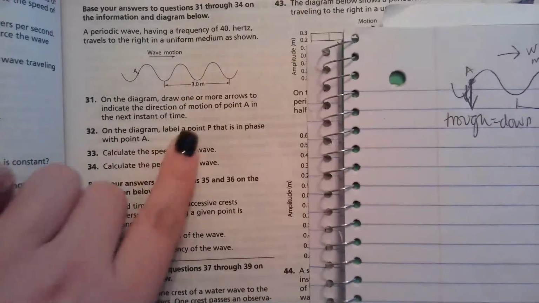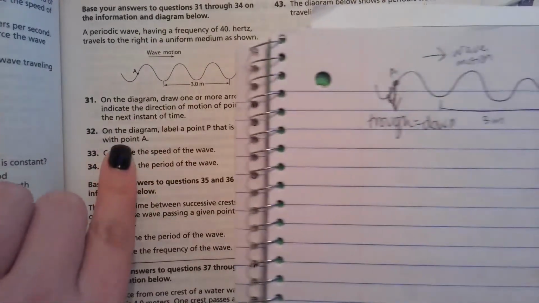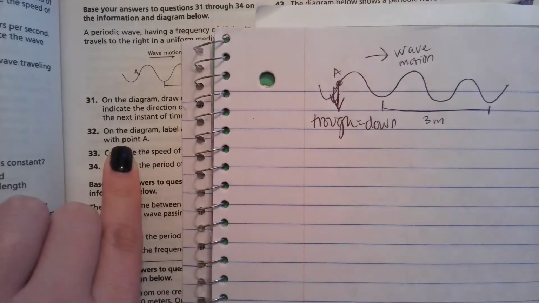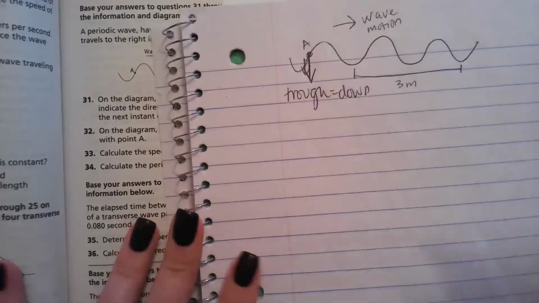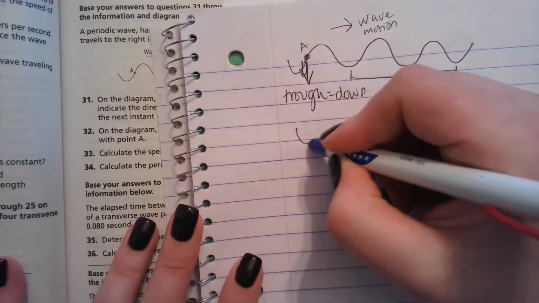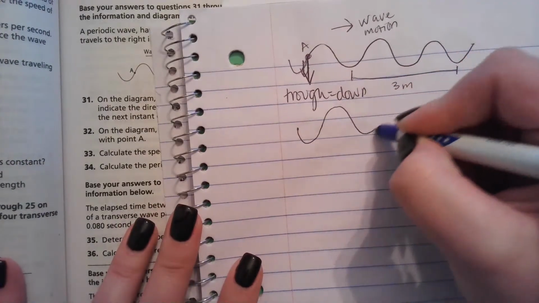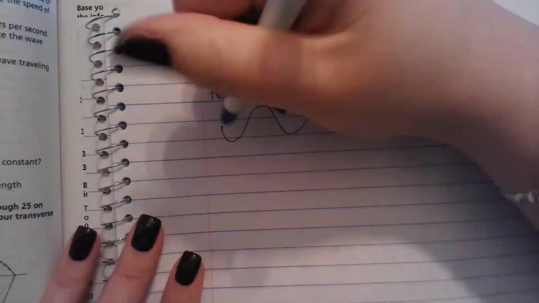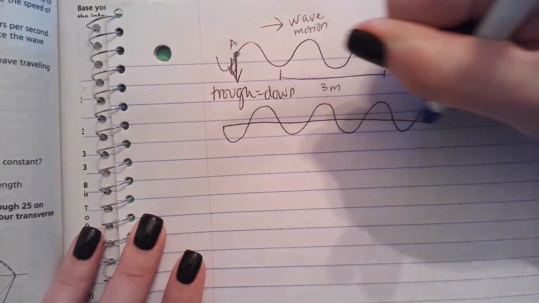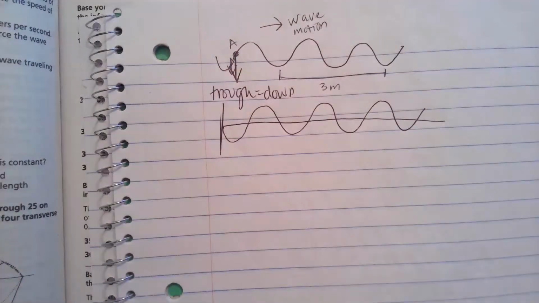Then it says on the diagram, label a point that is in phase with point A. So the first thing that I would do is redraw my diagram. So we have 1, 2. Okay, so I would draw in an origin that allows you to bisect.